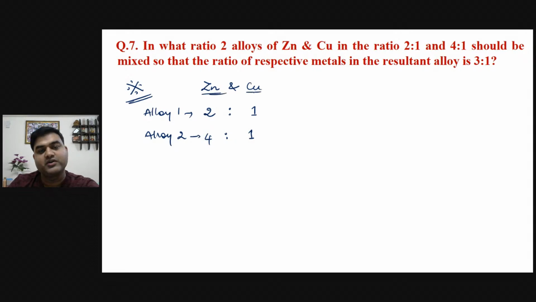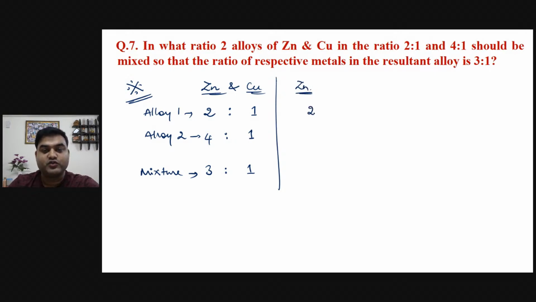The ratio of the respective materials in the resultant alloy will be 3:1. After mixing, considering only zinc.